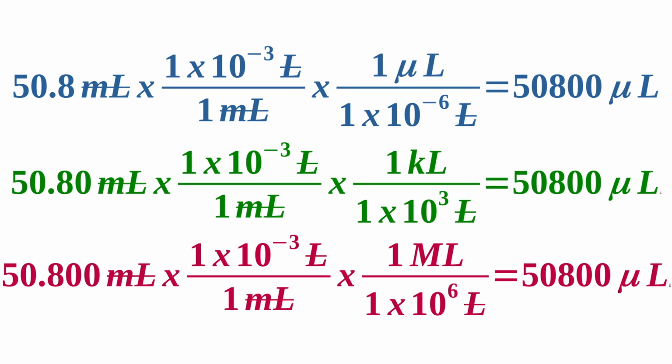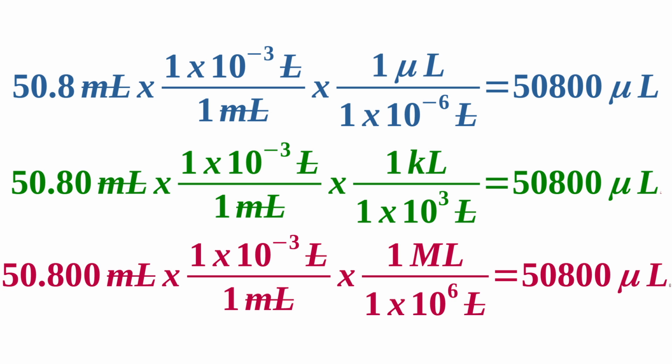In the second, there are 4 sigfigs, the same as in 50.80 milliliters. Therefore, the last trailing zero is not significant, but the previous one is.